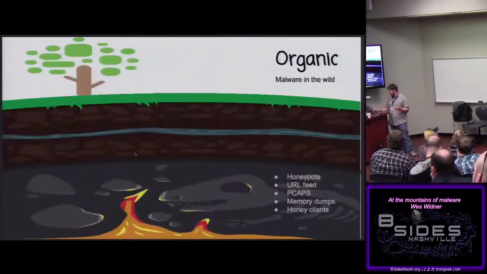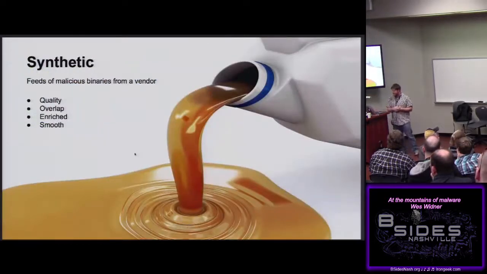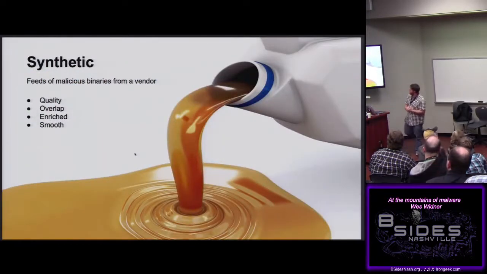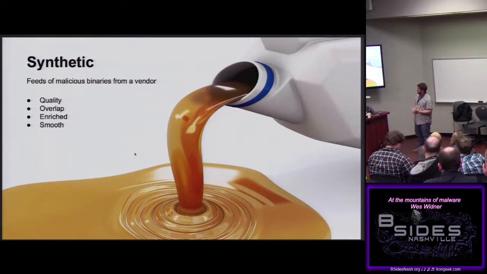The next one is actually a lot easier. Synthetic. So synthetic feeds are from a vendor. There's lots of threat intelligence vendors out there. The space is actually pretty crowded right now. When I was putting all these together for Norse, we would actually go and contact a lot of these vendors, and surprisingly enough, many of them will let you pull their feed if you're a private researcher.